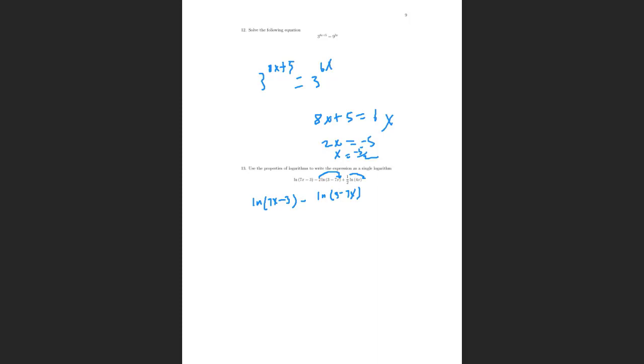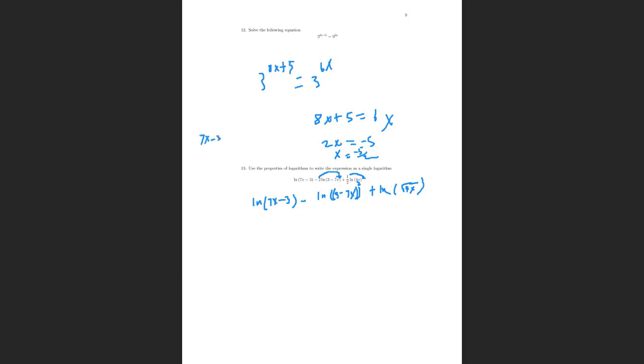And you're going to also have the 1/2 become square root, and this is also squared inside, so I'm going to write that. That's the entire point of this. And then you're also going to have plus ln square root of 4x, and that's 4 square root x, or 2 square root x if you want to write that, but I'll leave it like this. And if you think about it, let's see if we can rewrite 7x minus 3 a little bit.